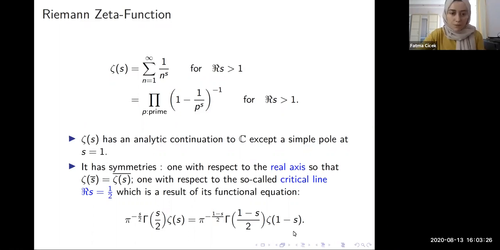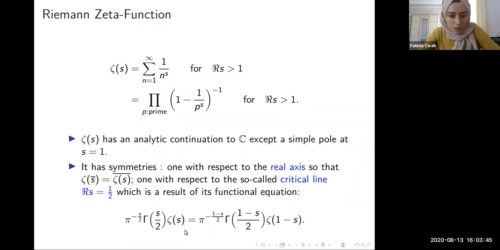And the other poles of the gamma function, when s over 2 is a negative integer, will lead us to zeros of the zeta function when s is a negative even integer. These are called the trivial zeros.